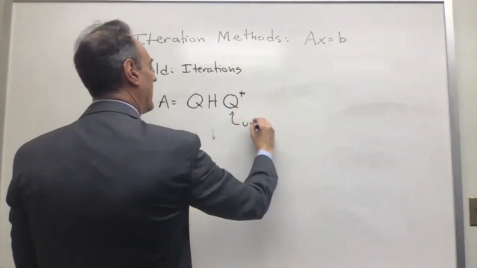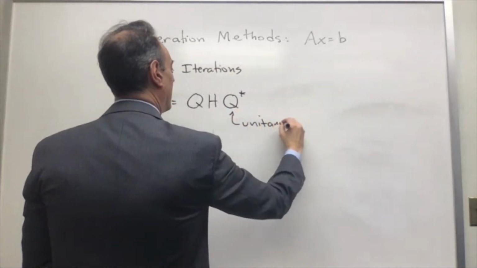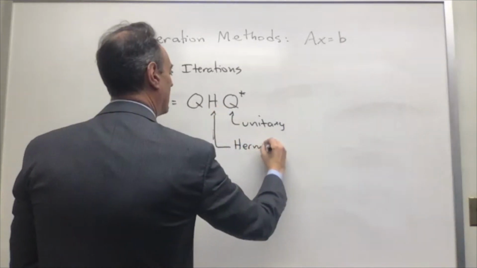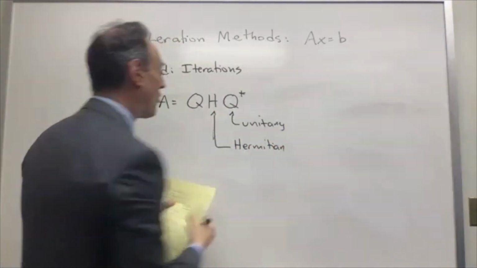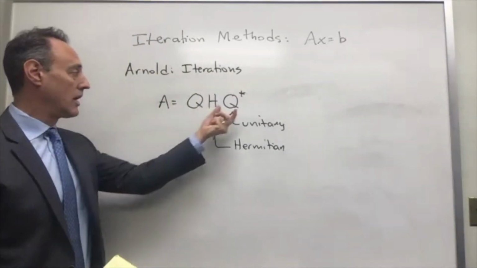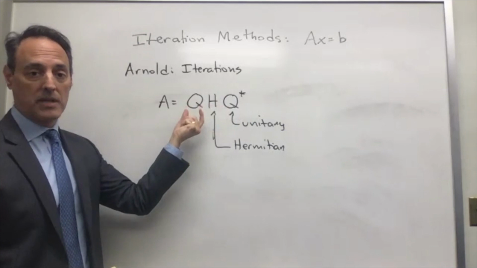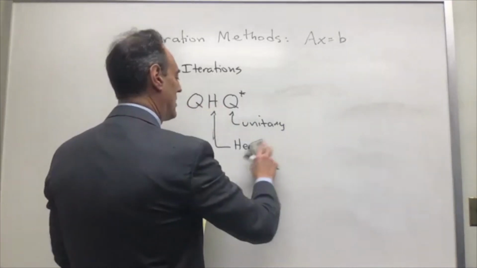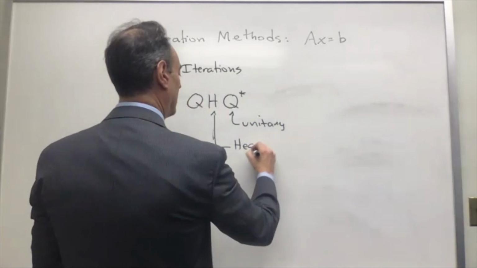Q is unitary, and H is Hermitian. So this is a full self-similar transformation into a complete orthonormal set of vectors, and this is, sorry, not Hermitian. Sorry, Hessenberg.